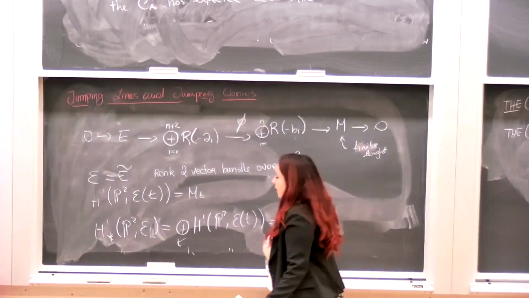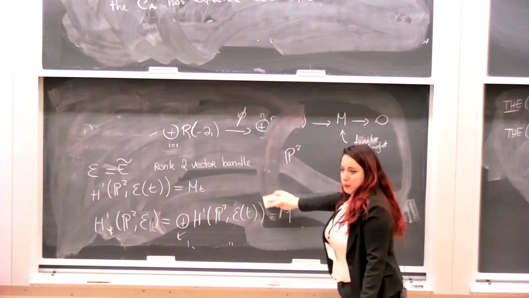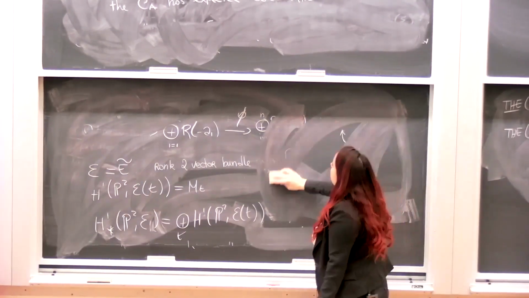In fact, the examples that we can have are with the monomial complete intersections.